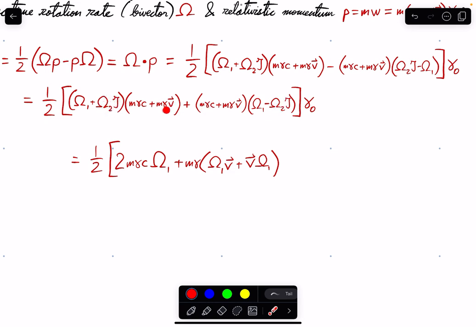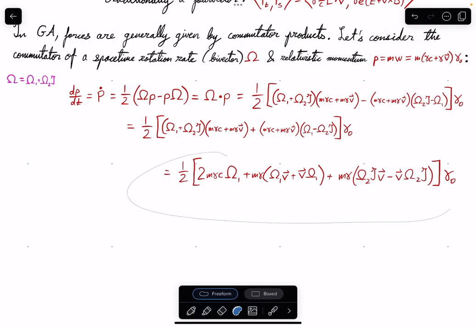So you'll only have this times this times this, which gives you m gamma omega 2I v minus v omega 2I, all of this with gamma naught out to the right.